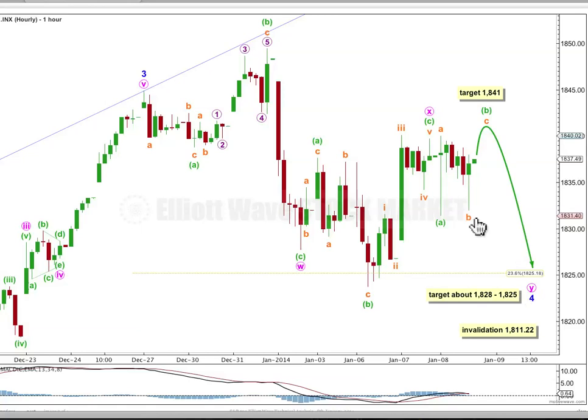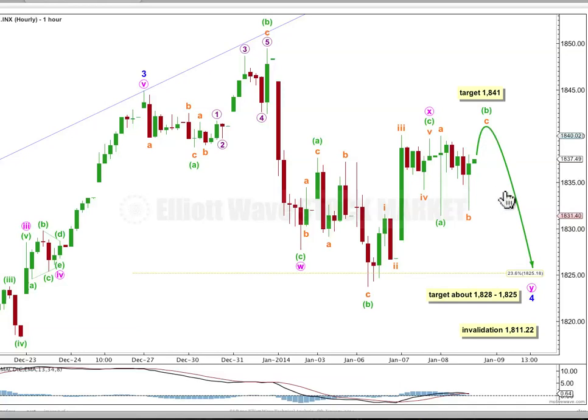Minute wave Y looks like it's beginning also as a flat. This subdivides down on the 5-minute chart as a 3, and here we have another 3, 3, and incomplete 5 up. At 1841, subminuette wave C would reach equality in length with subminuette wave A, and that would complete the B wave within the second flat.